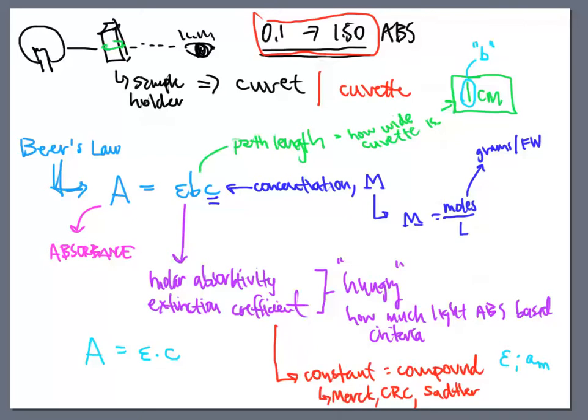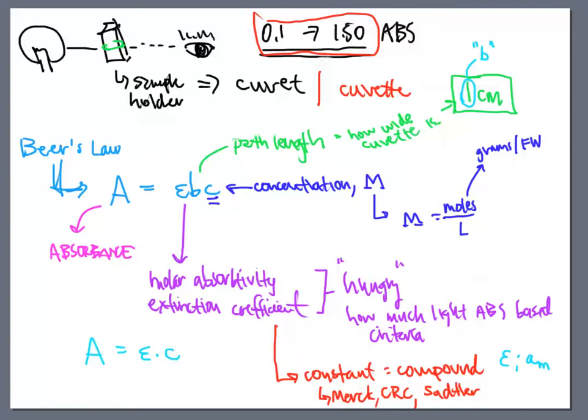It really depends on the resource that you're pulling from. Some textbooks use epsilon to make it match the equation. Some textbooks use A sub M. Why A sub M? Because this stands for molar, M, absorptivity, A. Molar absorptivity number.